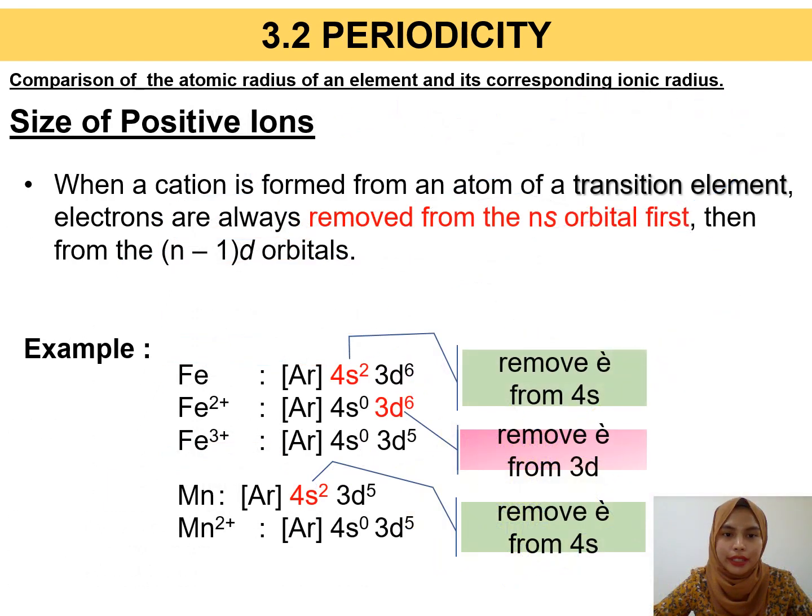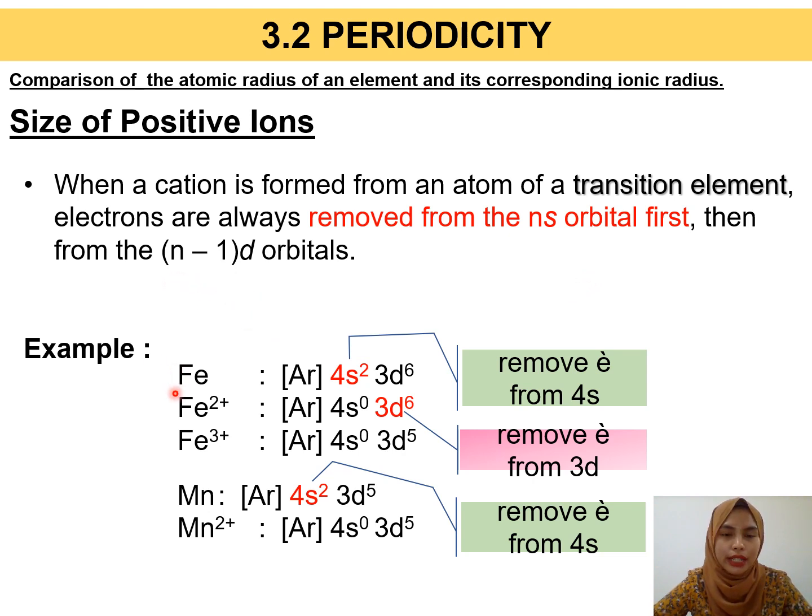What happens if you want to remove an electron from a transition metal? As I told you earlier, you need to remove it from the s orbital first, from the ns orbital, and only then remove from the (n-1)d orbitals.